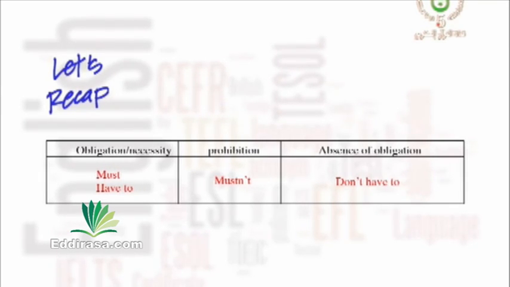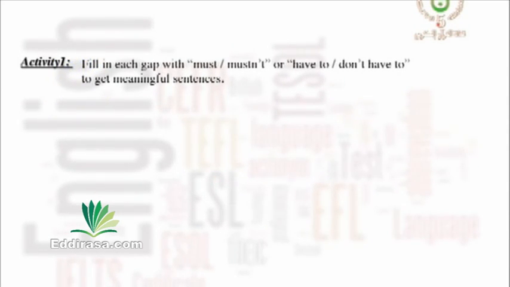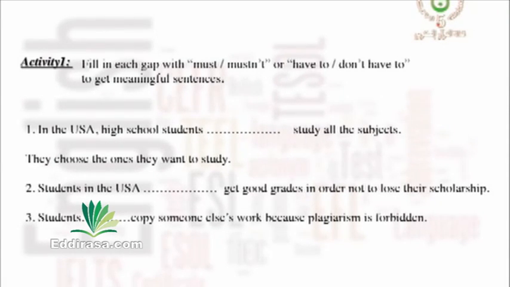Let's practice now. Our first activity is fill in each gap with must or mustn't, have to or don't have to to get meaningful sentences. Let's read the sentences together first. Sentence 1. In the USA, high school students, gap, study all the subjects.